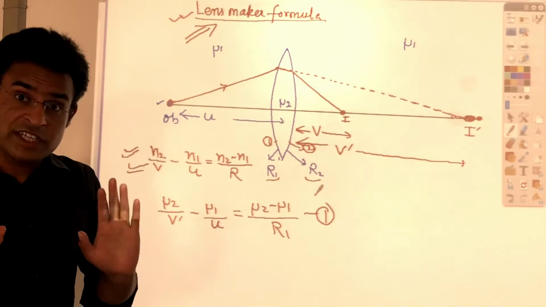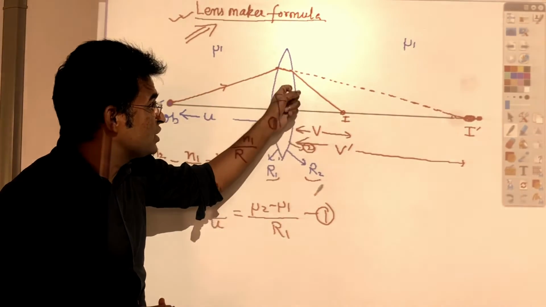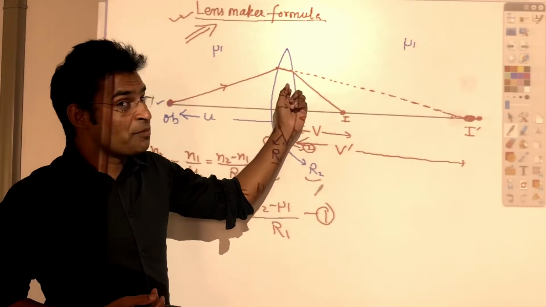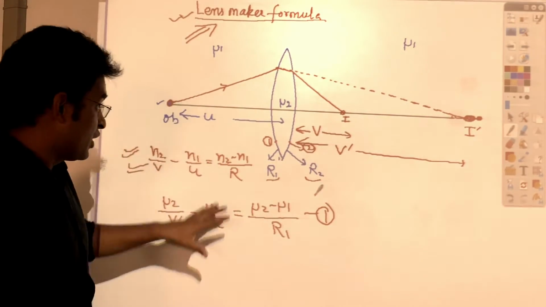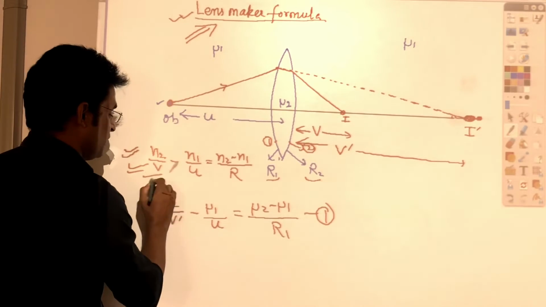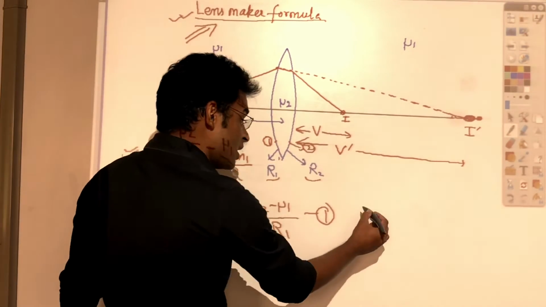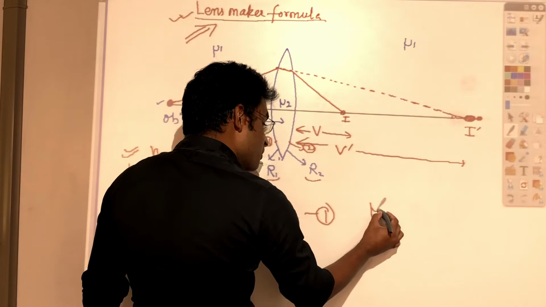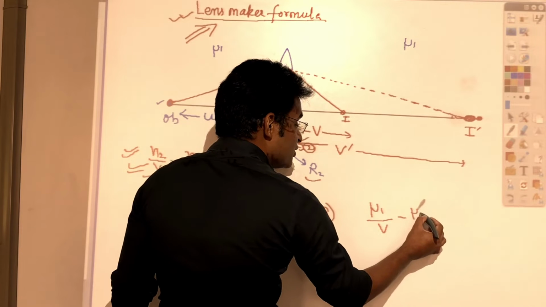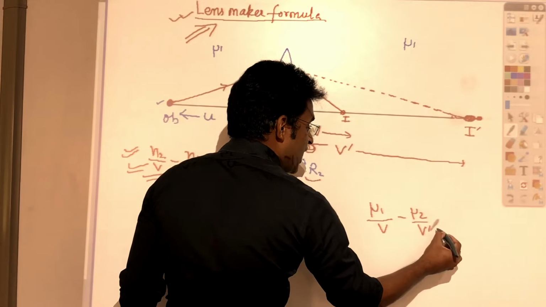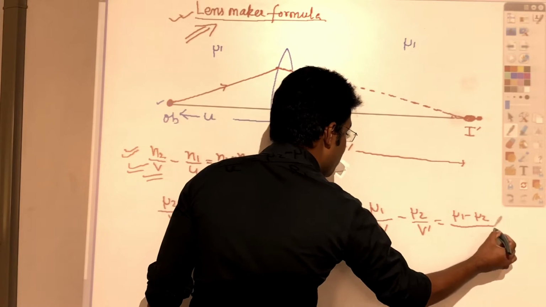Now if I use the refraction formula for the second surface as well, if you see, the light ray is starting from mu2 and entering mu1. So now mu2 and mu1 will interchange. So exactly the same formula, if I want to write it for the second surface, will be mu1 divided by v minus mu2 divided by v dash equals mu1 minus mu2 divided by r2.